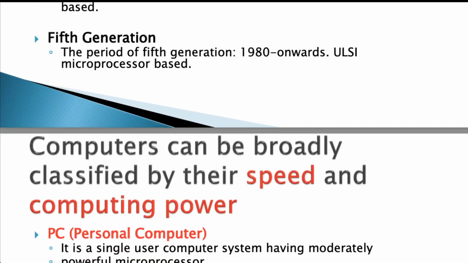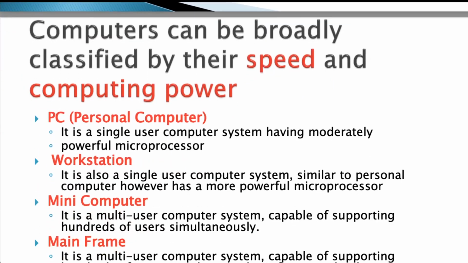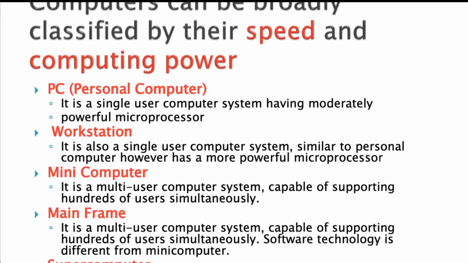Computers can also be classified based on their speed and computing power. So we have personal computers, which is a single user computer system that has moderate powerful features. Then you have something called a workstation. A workstation is also a single user computer, but more powerful than a PC, a personal computer. Then you have mini computers. Mini computer is a multi-user computer system where it could support hundreds of users simultaneously.